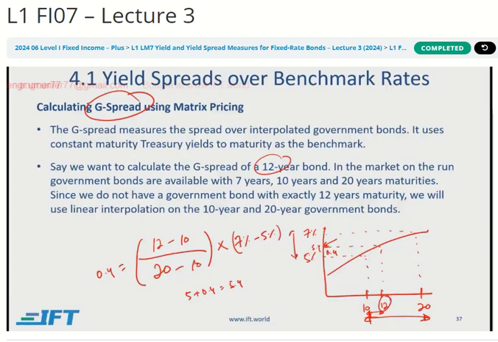Then I can add my spread on top of that to calculate how much my corporate will be paying, or if I already know the corporate rate, I can work backwards and calculate the spread.